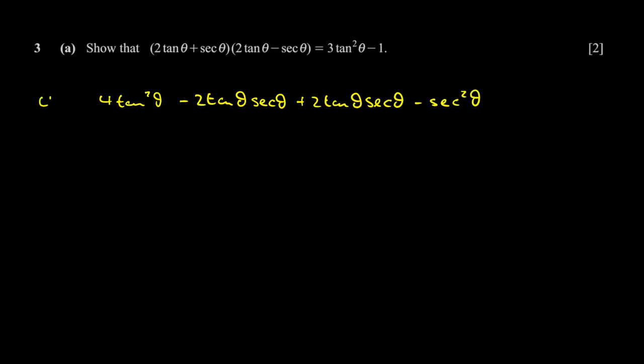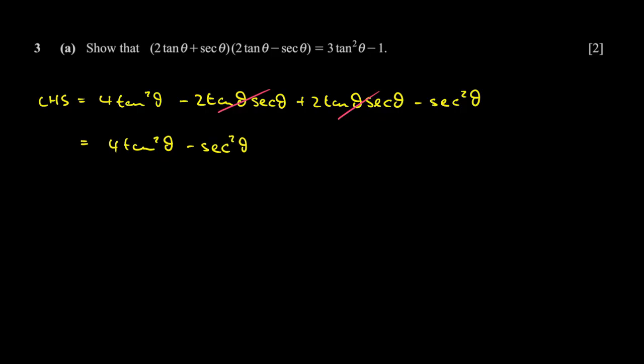So this is the left-hand side, isn't it? So LHS is equal to that. Well, we can see that these two terms cancel each other out. And so we are left with 4 tan squared theta minus sec squared theta. And then we can use the identity which is given to us in the front of the exam.